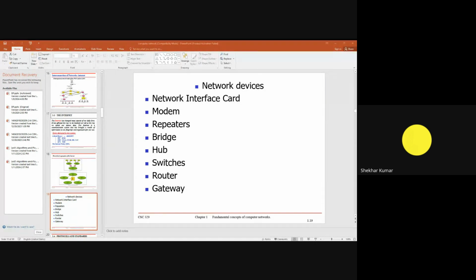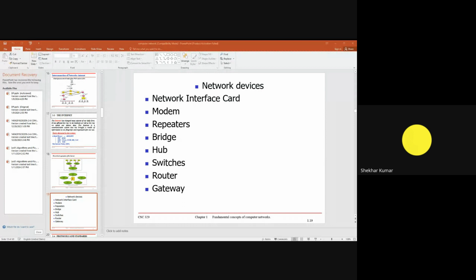The first network device is your NIC, that is called your network interface card. You have heard of NIC. The network interface card is an internal hardware chip that connects a device to the internet.